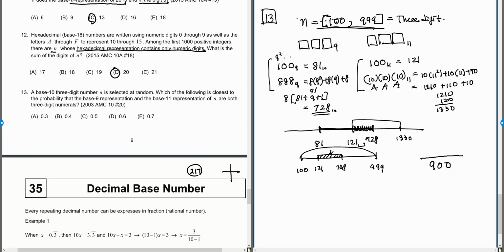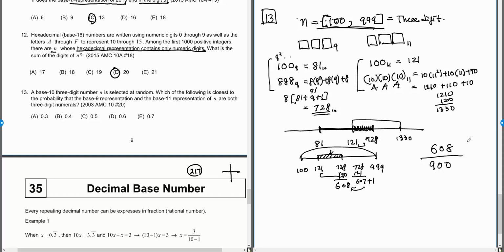And how many numbers from 121 to 728? 728 minus 120 is 608. That's fine, that is the count, and the probability is 608 over 900.